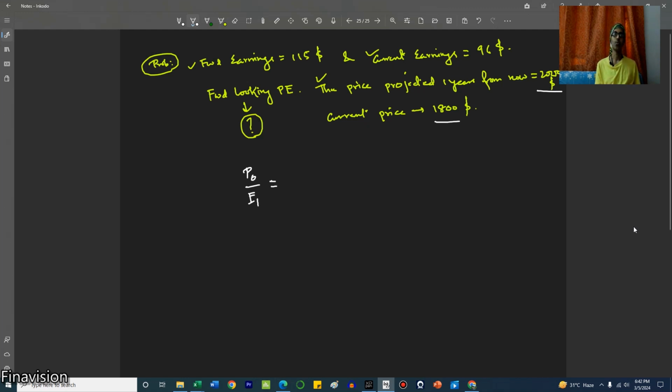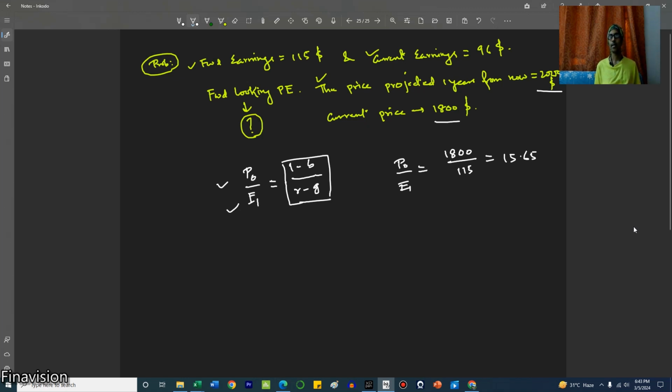This is equal to 1 minus B by R minus G. This was the expression. So the forward looking PE, do you need these informations to find it out? No, right? Because you already have E1, you already have P0. So P0 by E1 is equal to 1800 by 115. This is equal to 15.65.